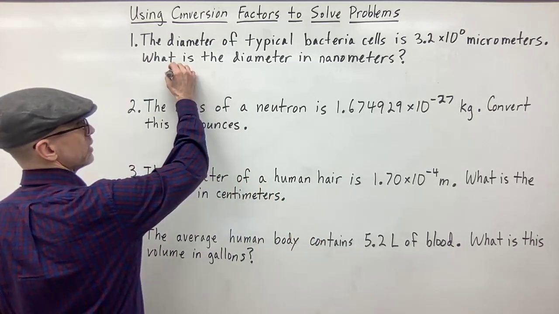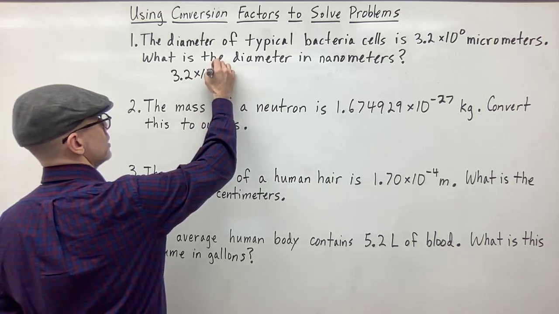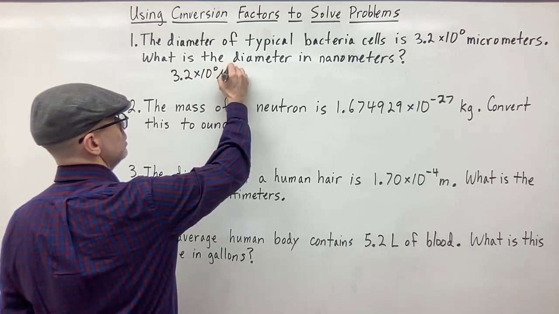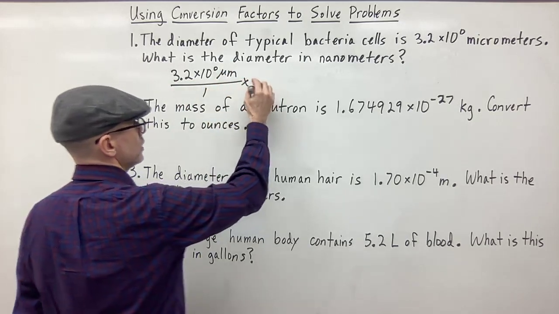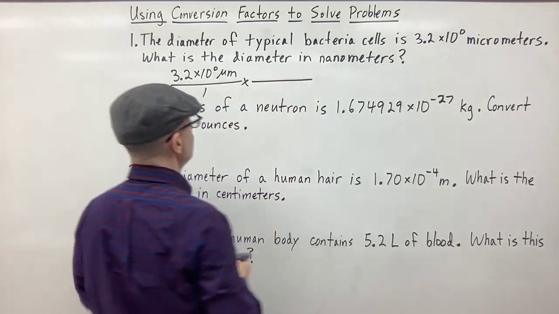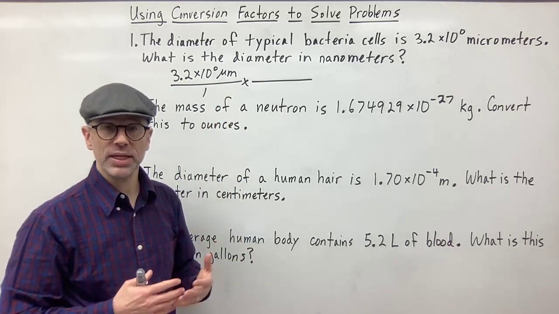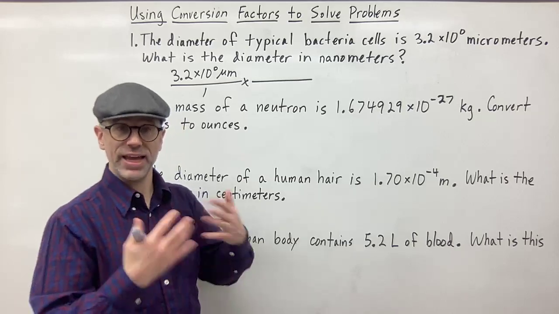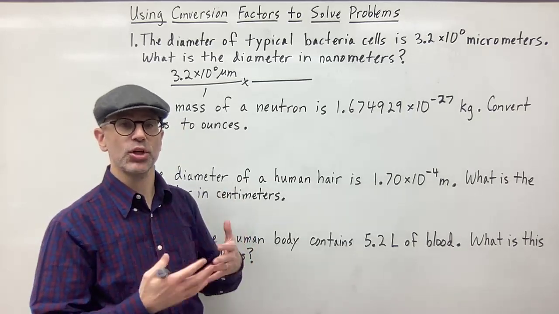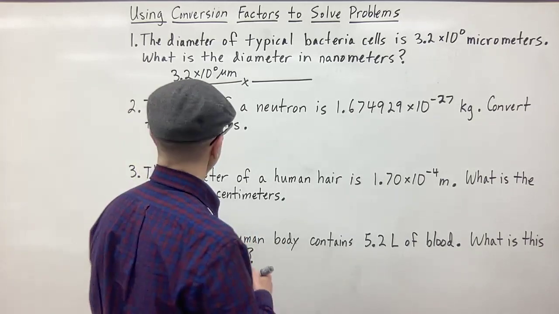I'm going to take 3.2 times 10 to the 0 micrometers over 1, and I'm going to convert this to the base unit. In order to do that, I need to know what micro means. Micro means 1/1,000,000th of a unit. So in this case, it's 1/1,000,000th of a meter. So that's 10 to the negative 6.